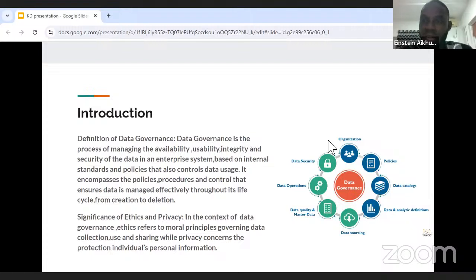Now, take for example, when we sign up for social media platforms, Facebook, Twitter, Instagram. When we sign up, Facebook asks us for our name, phone number, email, password, those things. Those data are our personal data.